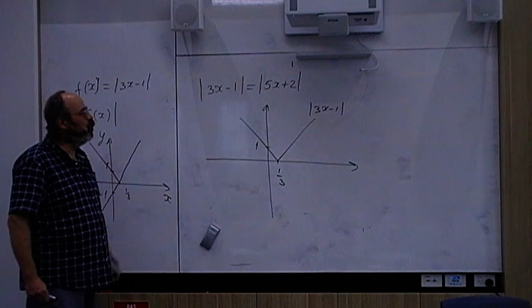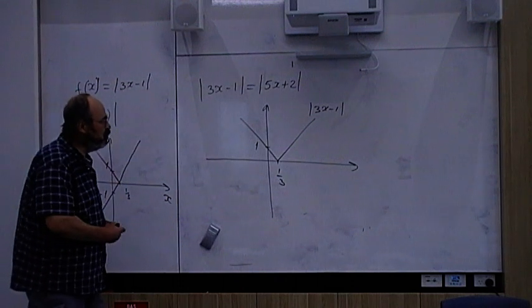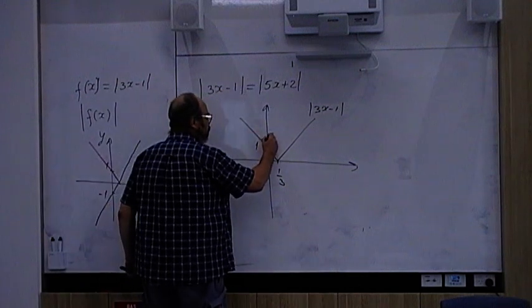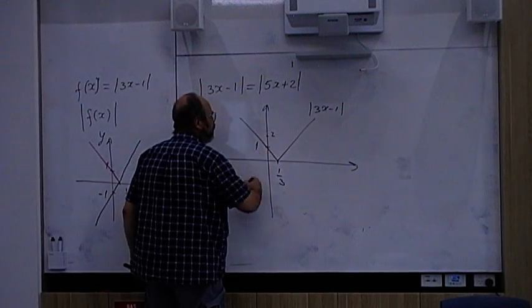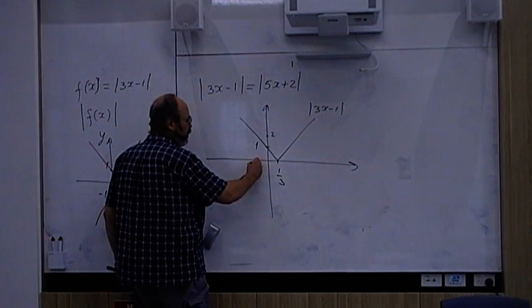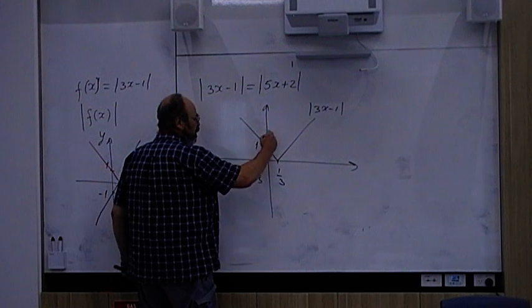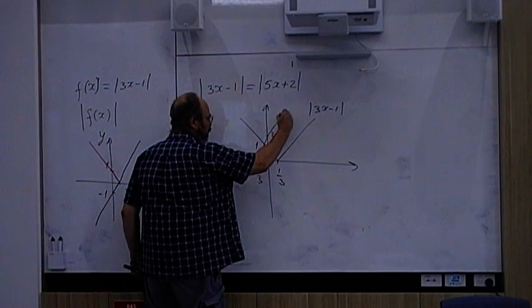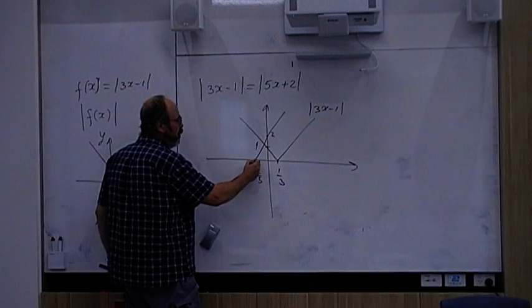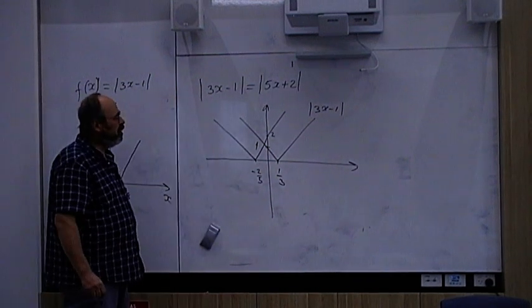Sketching the graph of modulus 5x plus 2, we start again from the graph of 5x plus 2. So we have y-intercept 2, and we have the x-intercept negative 2/5. This will be reflected.